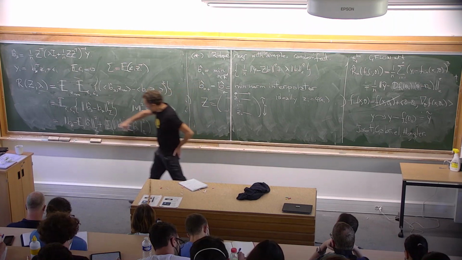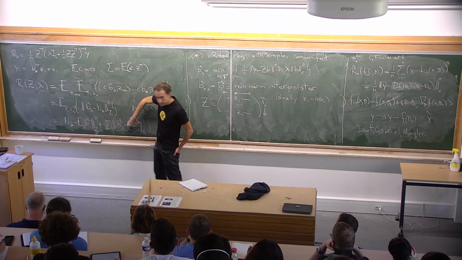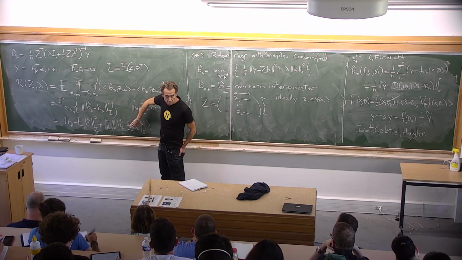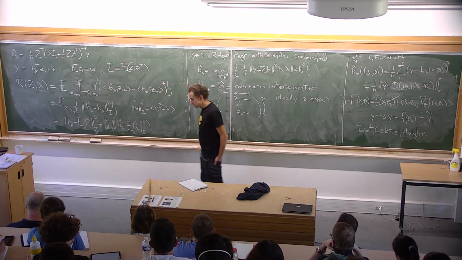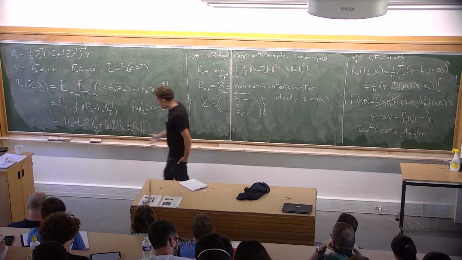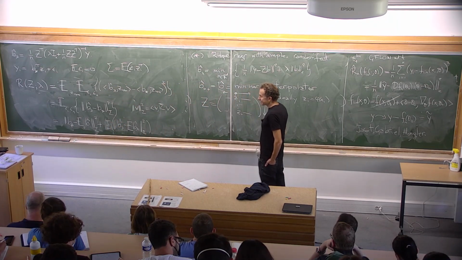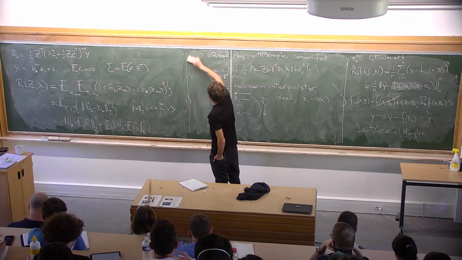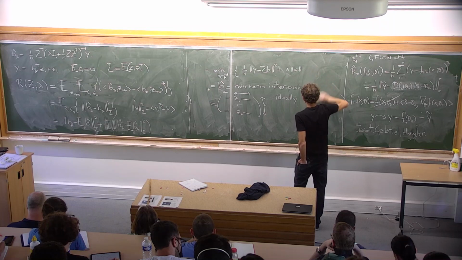Right? So this is the bias, and this is the variance. Okay? And there is no cross term because, okay, you compute it and there are no cross terms. Because the expectation is just L2 projection, it's just a projection.